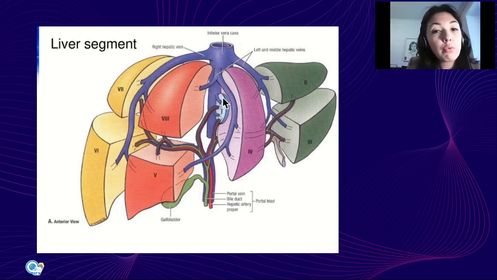And venous drainage from the first segment goes directly to the inferior vena cava, not to one of the hepatic veins, directly to the inferior vena cava.